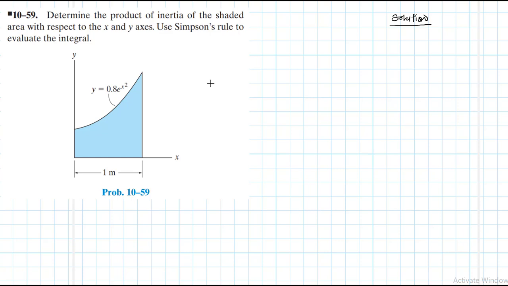This is also a geometric property, just like moment of inertia. Only that in this particular case we're dealing with a product of two axes, right? And one of the main uses of this particular property is for determining the maximum and the minimum moments of inertia of a given area or shape, such as the cross-section of a beam.